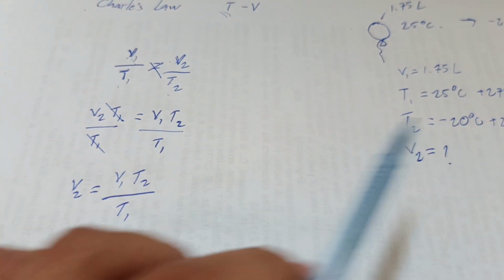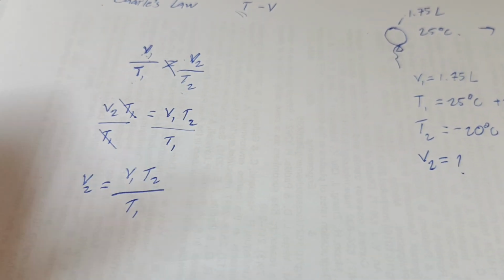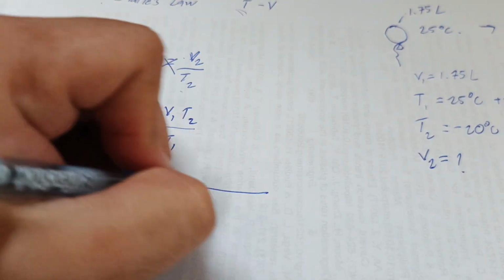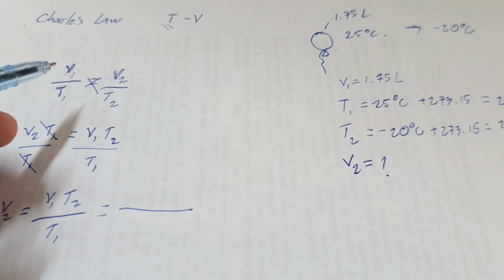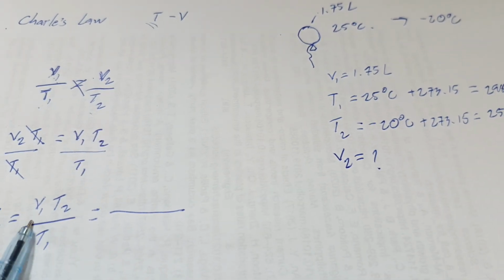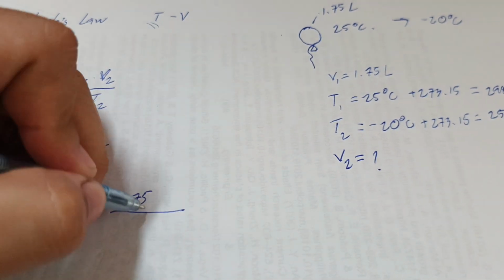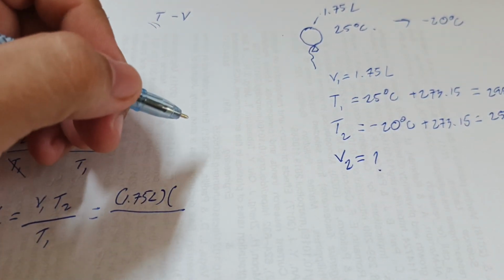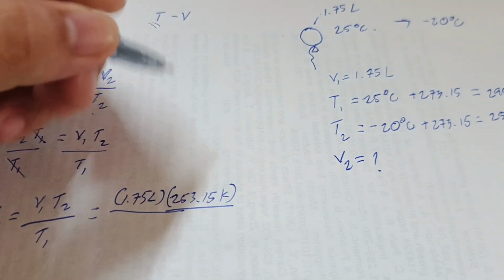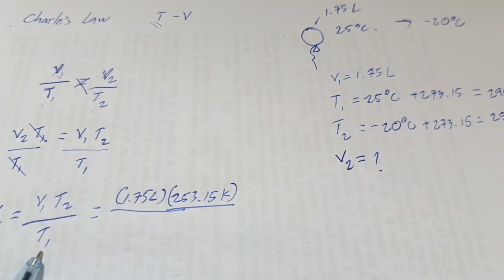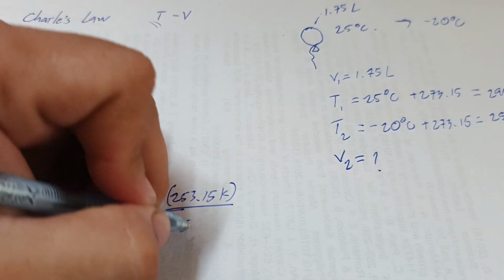Based on our example, what we're looking for is the final volume. All you have to do now is put your given values into the equation. So you have the initial volume of 1.75 liters times the final temperature of 253.15 Kelvin over the initial temperature of 298.15 Kelvin.